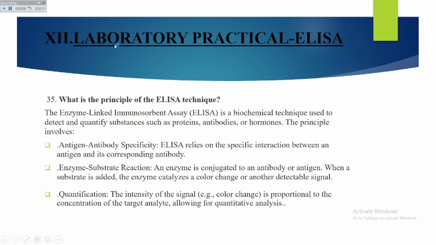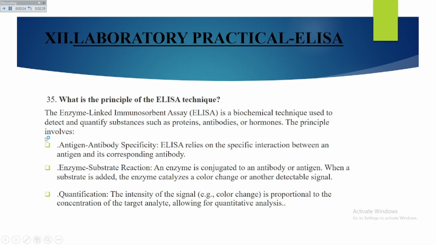As the title says, this is the laboratory practical ELISA, and we are going to see the principle of the ELISA technique. First of all, we have to know what ELISA is. ELISA stands for enzyme-linked immunosorbent assay, a biochemical technique used to detect and quantify substances such as proteins, antibodies, or hormones.